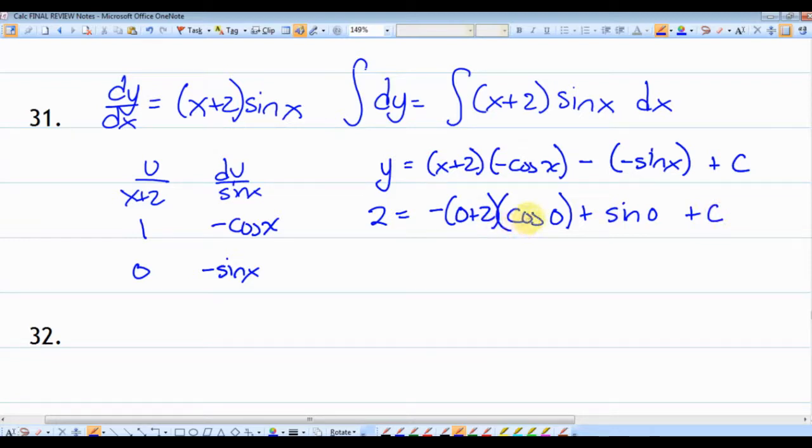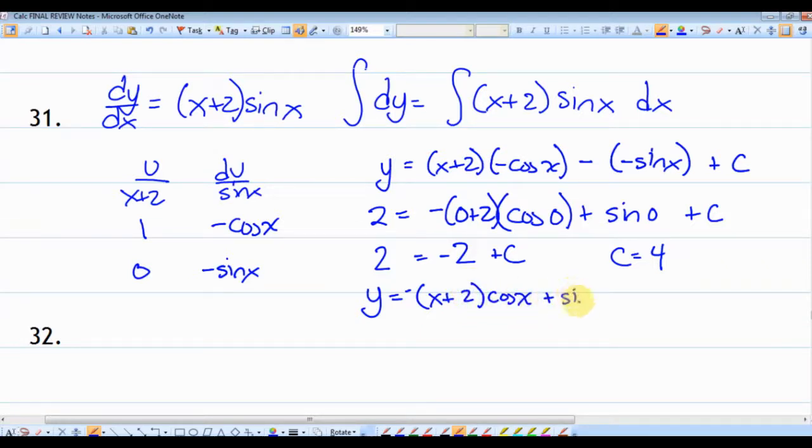Cosine of 0 is 1. 1 times negative 2 is negative 2. C is equal to 4. So your y is equal to negative x plus 2 cosine x plus sine x plus 4.